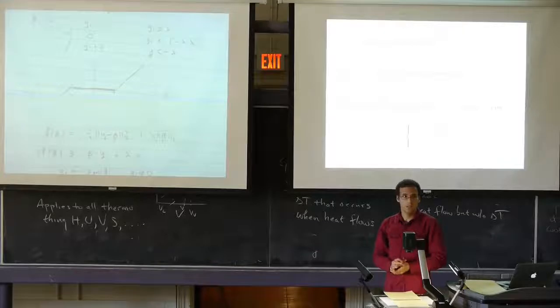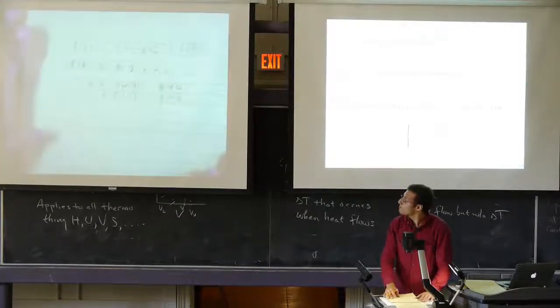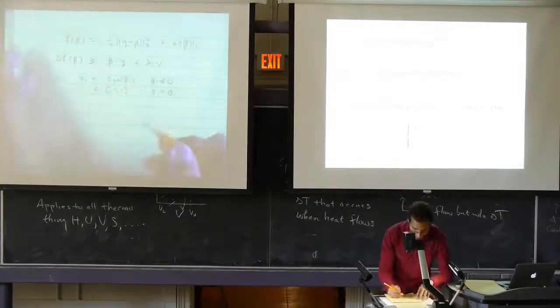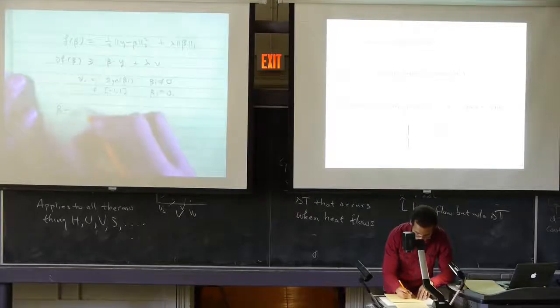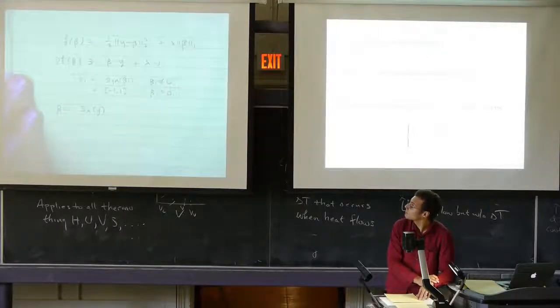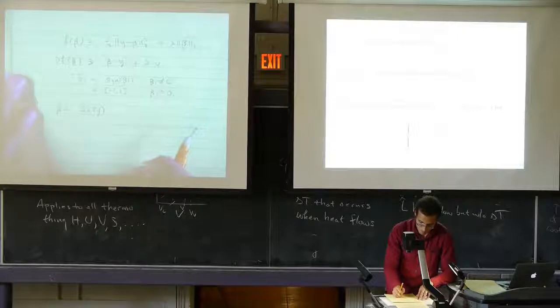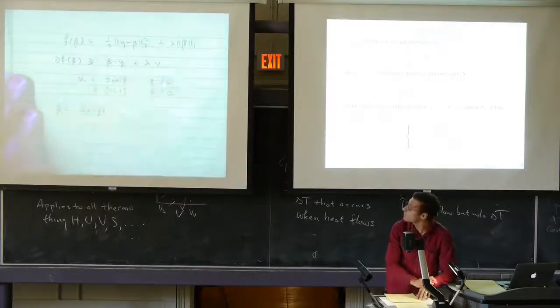Everyone follow so far? Okay, so let's try sticking in beta equals soft thresholded version of y. And I want to make sure I can get 0. Okay, so let's just look at components of this individually.